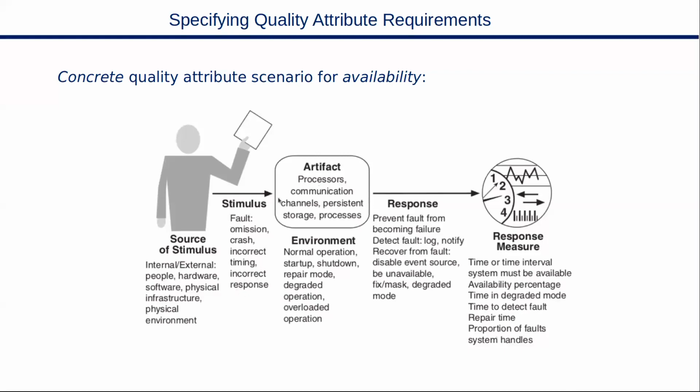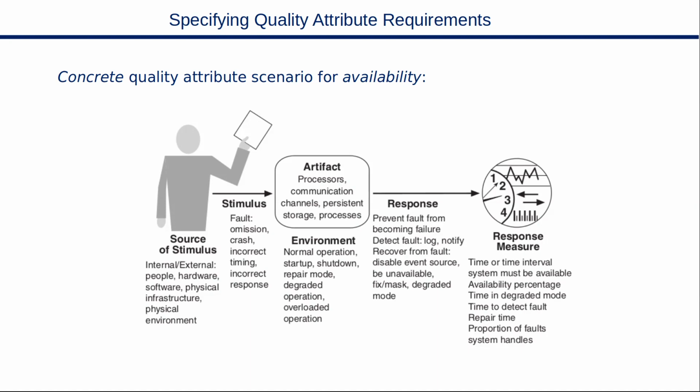Artifacts: processors, communication channels. Environment: normal operation, startup, shutdown, repair mode, and so on. So this is the general quality attribute scenario for availability. Response can be prevent fault from becoming failure, detect fault, log, notify, recover from fault, disable event source. Response measure: time or time interval the system must be available, availability percentage, time in degraded mode, and so on.